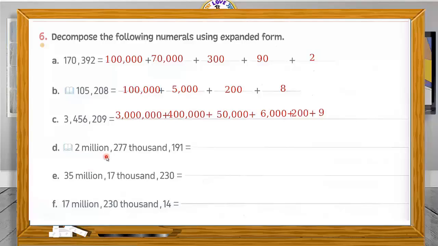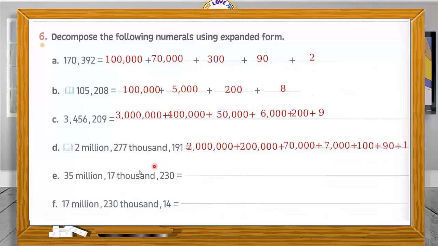2 million. We have 3 periods, 2 like this number, but here we have a short word form. 2,277,191. Write 2 million with 6 zeros, and next period 200,000, 2 and 5 zeros, 70,000, 7,000 plus 191.